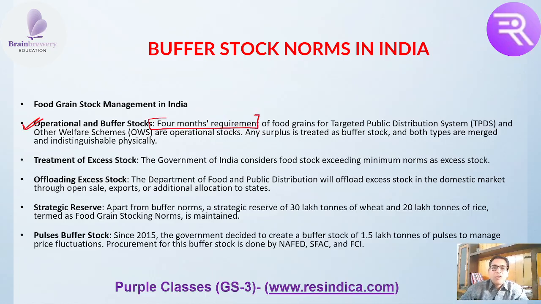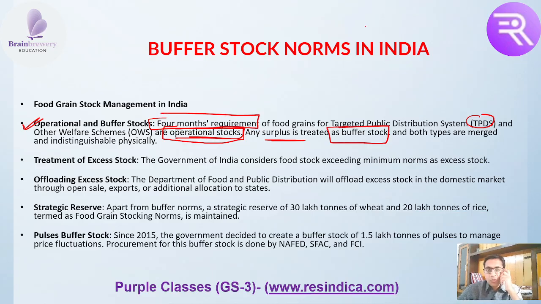The four-month requirement of food grain for the targeted public distribution system is the operational stock. That means you have to keep at least four months of requirement with yourself. That is your operational stock, and any surplus will be treated as buffer stock.